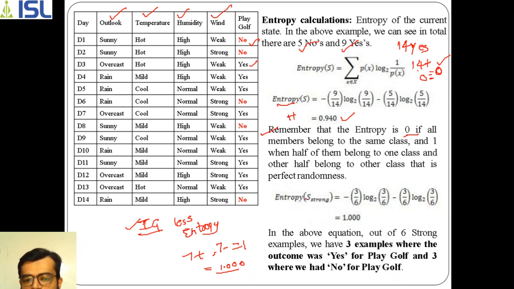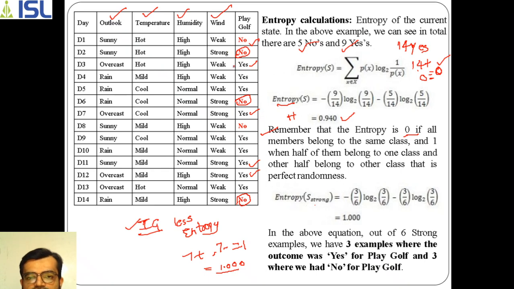Here is one example. If I am calculating for the strong value of the attribute wind, I am calculating the entropy of strong. If you observe in strong, how many no's are there? Here one no is there, here another no, and here one no. How many yes are there? Here one yes, here one yes, and here one yes. So 3 yes and 3 no's are there.